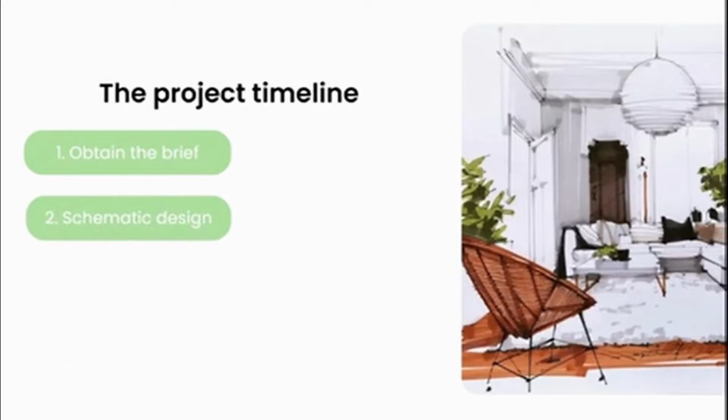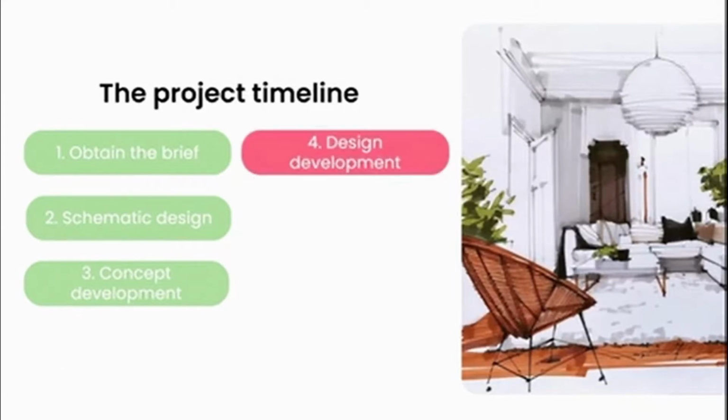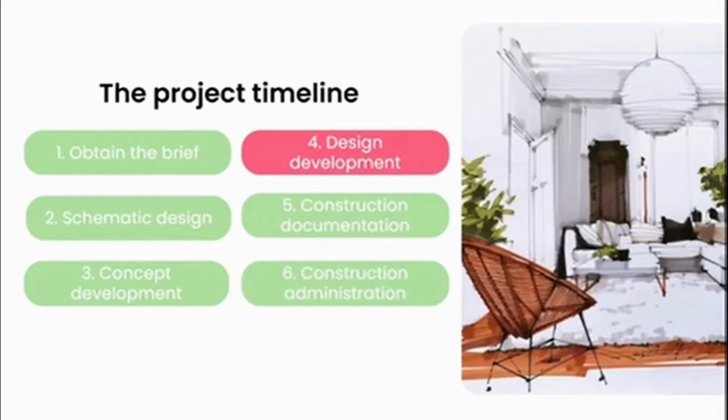We then looked at our schematic design, which was taking our project surveys and putting them into a schematic design phase. We jumped into the concept development, which was all about our shell and our beehive and how that was implemented into our design. Then comes our design development phase, followed by the technical development or construction documentation phase, and lastly our on-site and project handover phase.